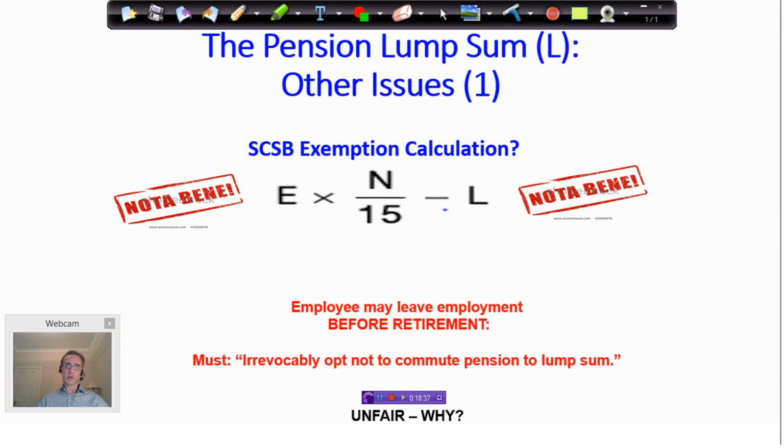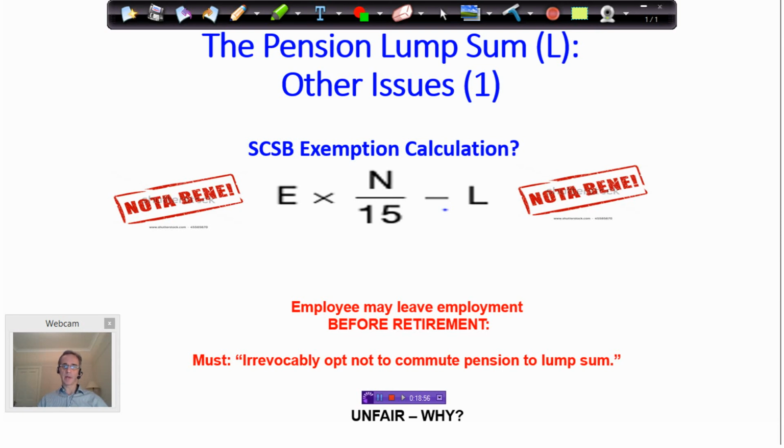In other words, what the revenue are saying is, okay, you've been made redundant, your employment has been terminated, but in order to do this calculation, the revenue are really forcing the individual to make a decision well before their retirement in relation to their pension.